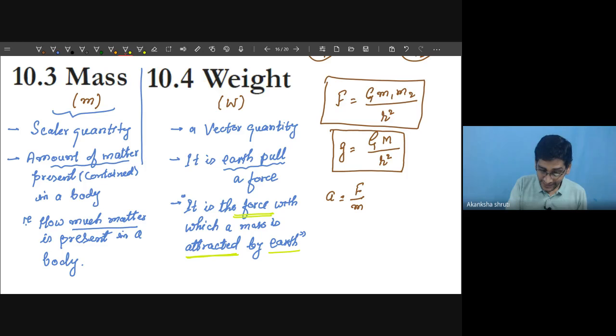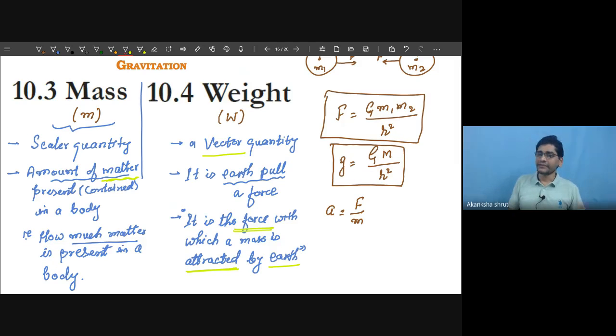So it is a vector quantity. But the mass is not a force. Mass is simply how much matter is present. Now, if more matter is there, it means more mass, and it occupies more volume if the density is lesser.